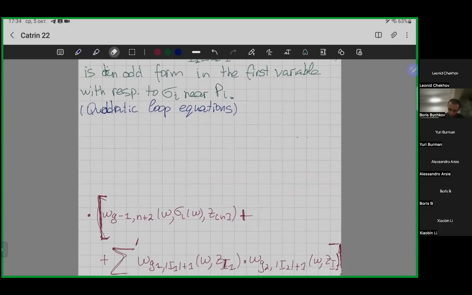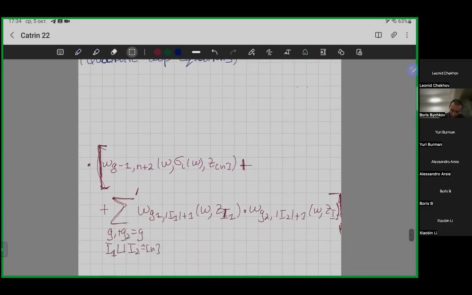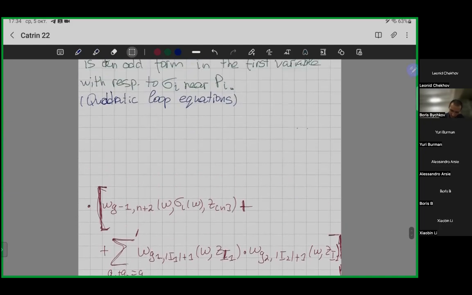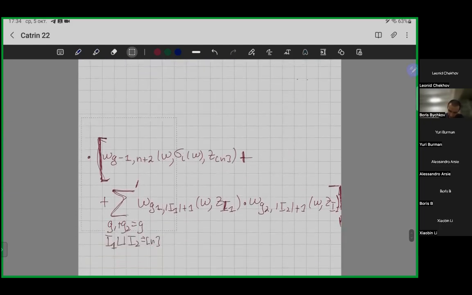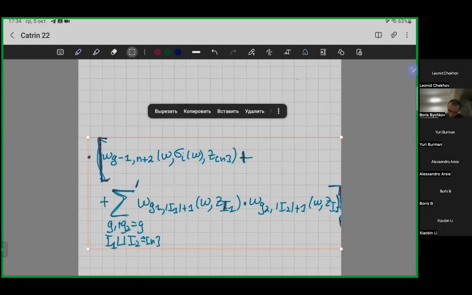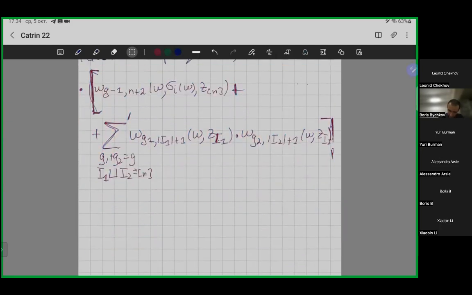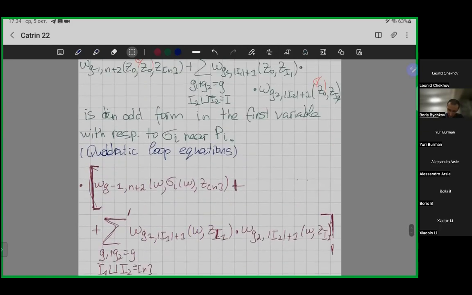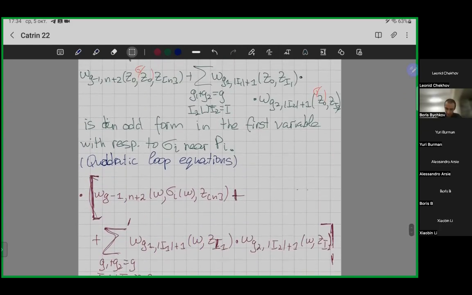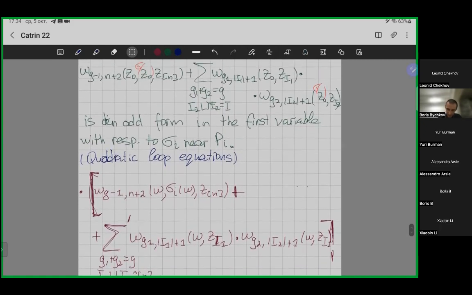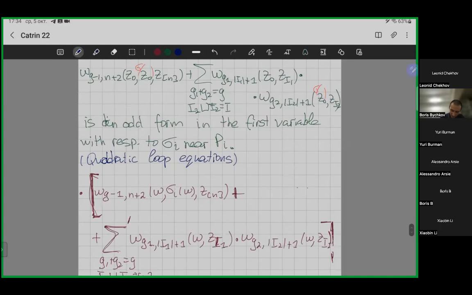What is written here in the brackets is more or less the same as what is written in the quadratic loop equation. The difference is in this prime here.